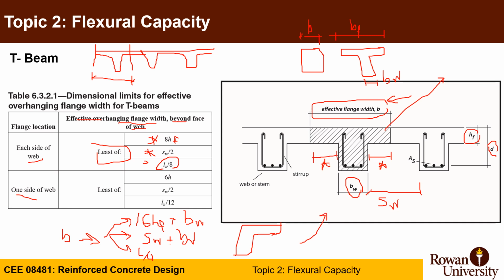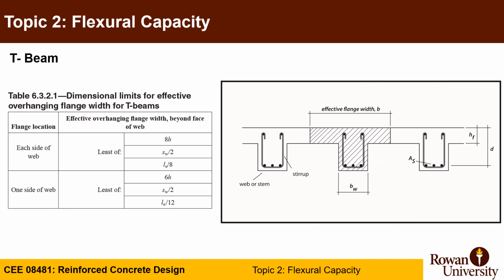The first one will be B web plus 6 HF, or SW over 2 plus B web, or L divided by 6. Actually, L divided by 12.